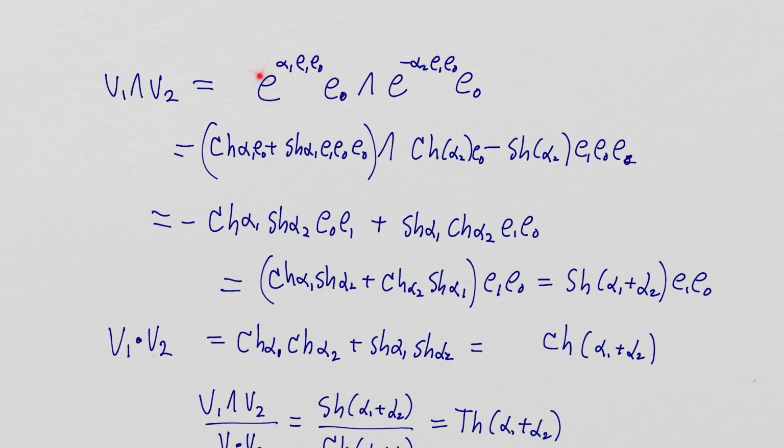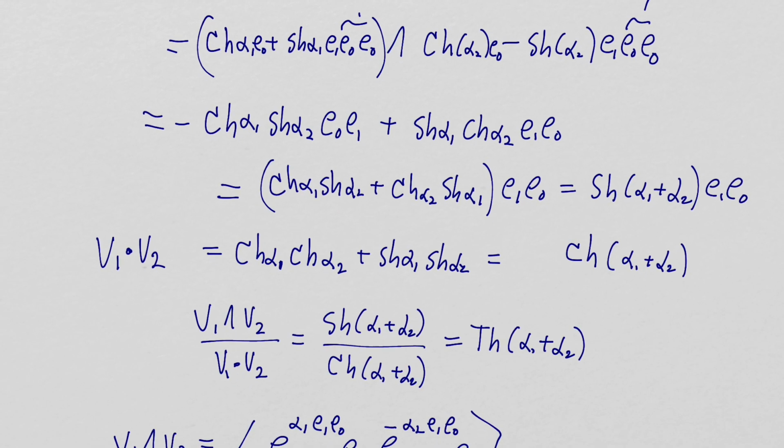You substitute the Euler form here, and you substitute the Euler form here, and then you realize that E0 squared is 1, right? So that becomes 1, and that becomes 1. So then you just multiply everything out with wedge products, and the wedge product gets buried in the notation E1 E0, because the geometric product, again, of orthogonal vectors is just the wedge product.